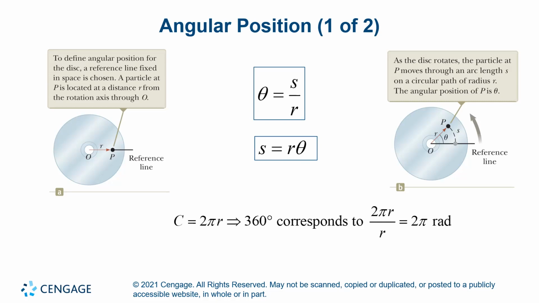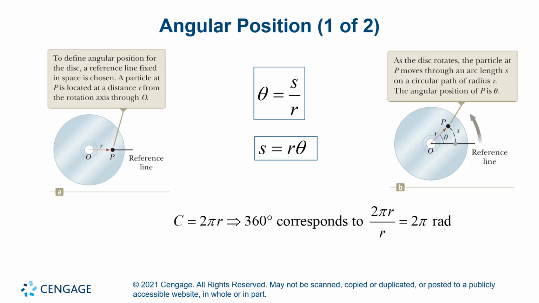I will show you now, to remind you, how you convert from degrees to radians. So 360 degrees is equal to 2 pi radians. So that's how you convert. For example, how about 180 degrees? That's half of 360.